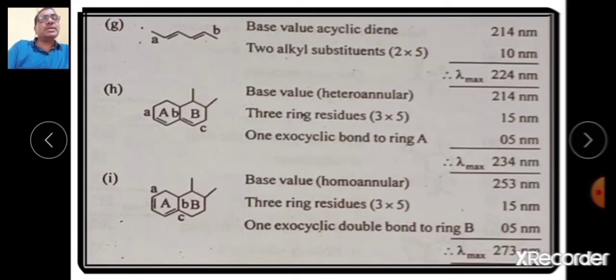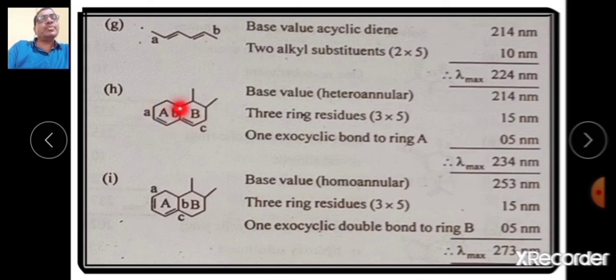Now there are some more examples. Let us see. The first one is an easy example. Now let us see the next example. Here again heteroannular diene system is shown. Double bond, single bond, double bond. What are the substituents?